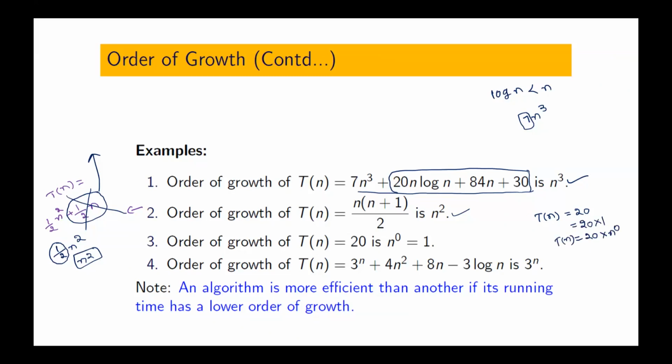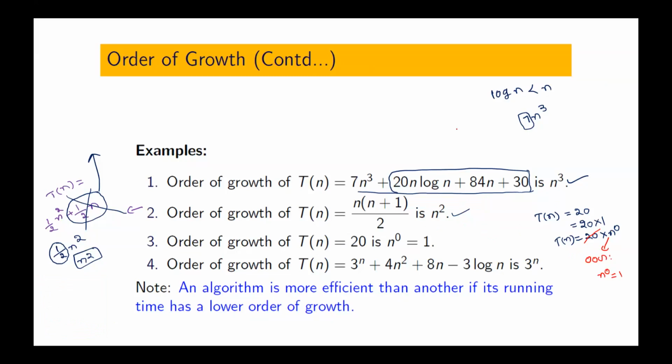Again, there is only one term, that is only the highest order term. So what do we cancel here? Only 20 we remove. N power 0 means that is 1. So now order of growth is n power 0, which is 1. Whether we write n power 0 or 1, both are the same.